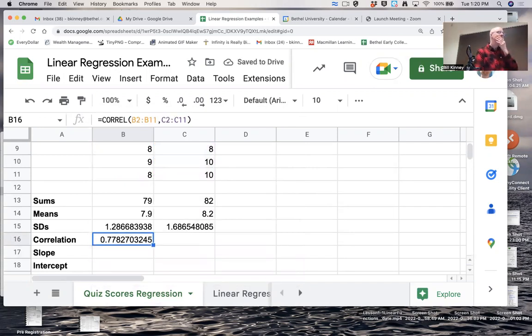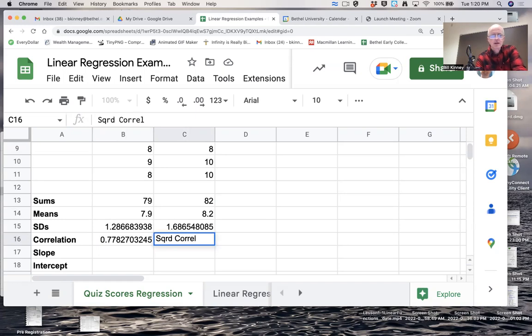0.778. Positive. That's reflecting that the slope of the regression line is positive. And closer to 1 than it is to 0. So you might think intuitively, maybe that means that's a fairly strong linear trend. Well, actually, the squared correlation is a better measure of the strength of the linear trend.